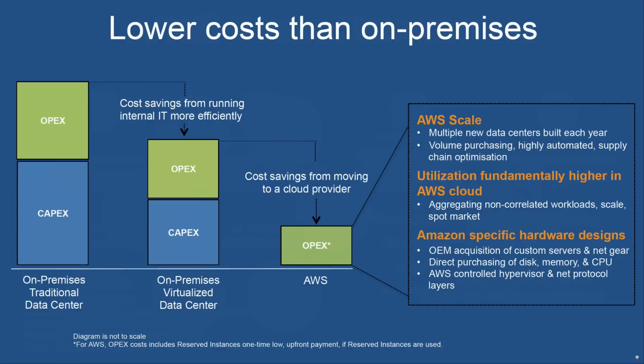And what these things combine together to lead to is this reality that your costs for delivering services with AWS are typically going to be significantly lower than either a traditional on-premises data center, where you're going to have a pretty heavy CapEx component because your infrastructure is going to be used in quite an inefficient way, and is even better than an on-premises virtualized data center, where you may have more efficient resource utilization, packing more operating system instances onto your physical compute nodes, for example.